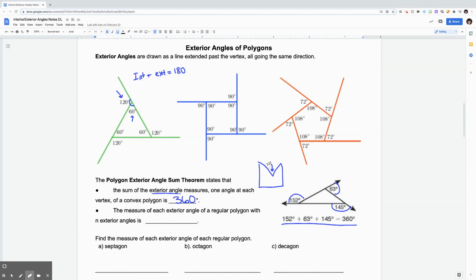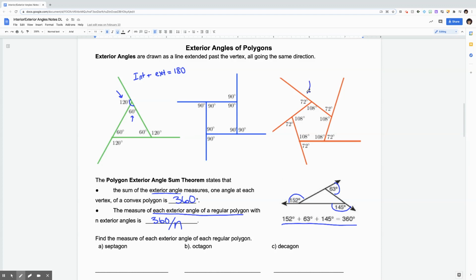Okay. All right, so if we're again talking about regular polygons, then the measure of each exterior angle in a regular polygon is 360 divided by n, or the number of sides. Which again, you can kind of see in the angles up here.